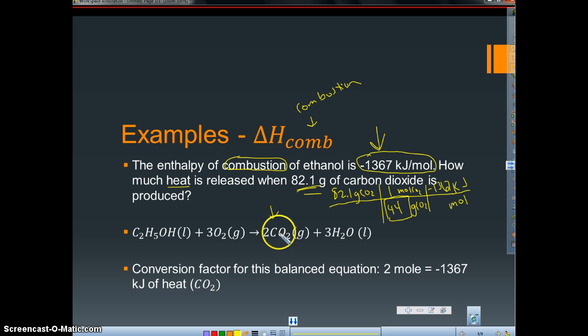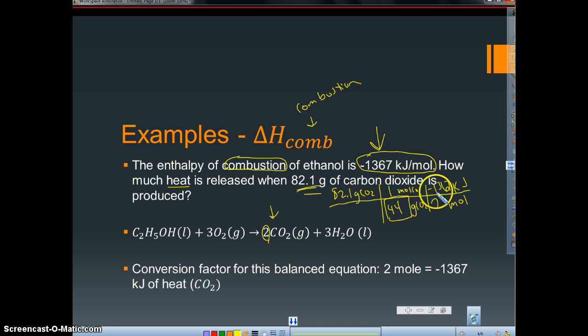This is specifically for this reaction, and this balanced equation tells me that I have to have 2 moles of CO2. So when you do the heat part, you have to make sure you're looking at the recipe, because the amount of heat produced depends on what is there. In this recipe, it's saying if there are 2 moles of this stuff, this is how much I'll give off or produce.